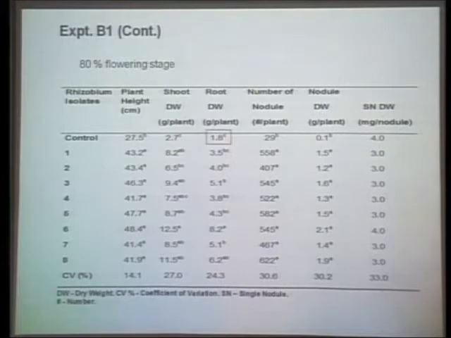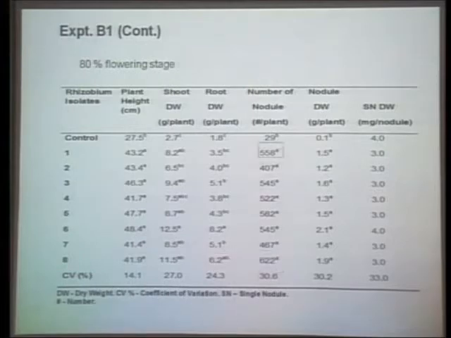And then root dry weight at 80% flowering also shows significant difference within the isolates and the control. Isolate source gave 80.2, which is different from, say, isolate 7 and isolate 3, but statistically similar to isolate 8.